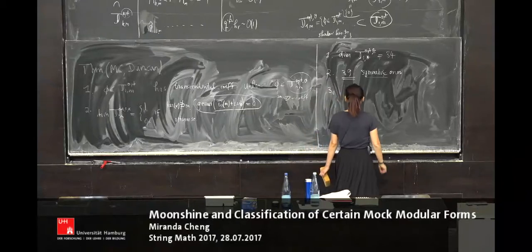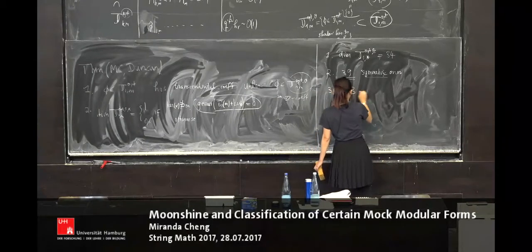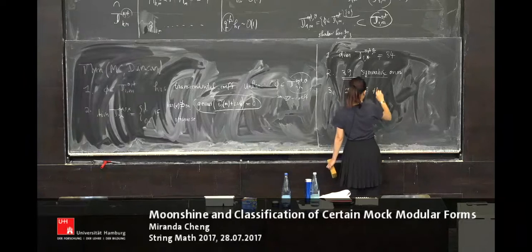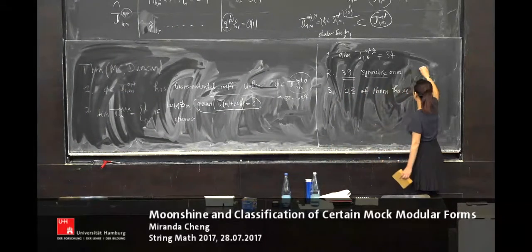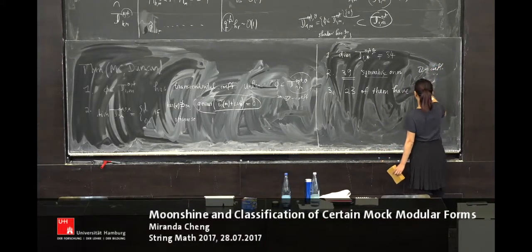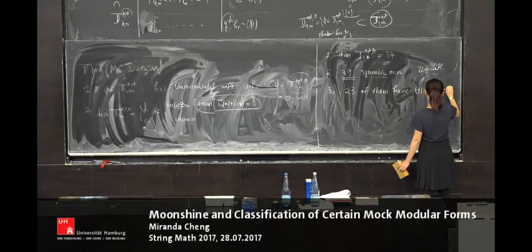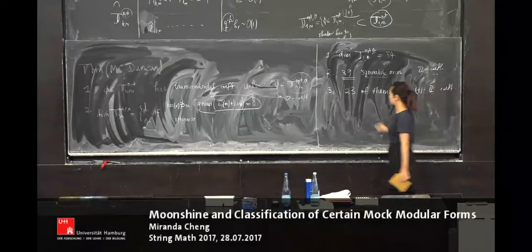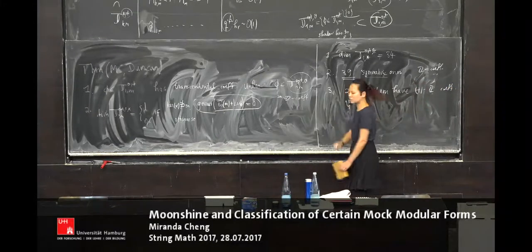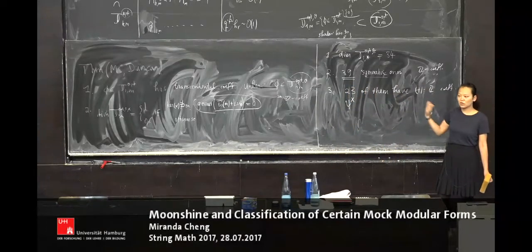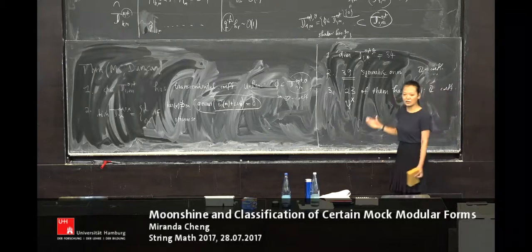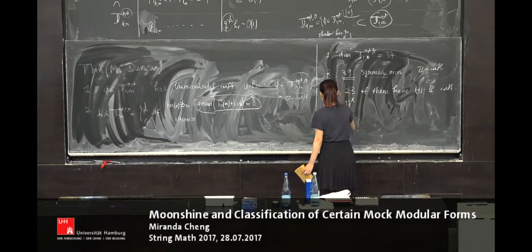From these 39, 23 of them have, moreover, positive integer coefficients, and those are exactly the Niemeier lattices. So in some sense, with mock Jacobi forms, if you don't know about Niemeier lattices, this is again a way you can discover them.